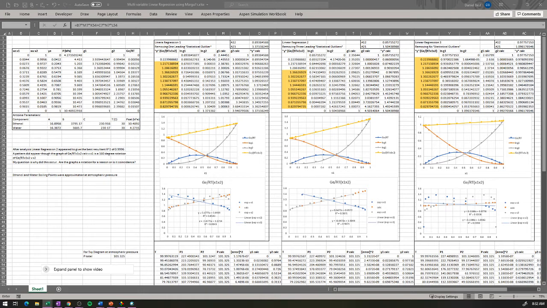And so what that is, it's x1 times gamma 1. Yet again, we're going to use this gamma 1, times psat. And this is going to be divided by p total.